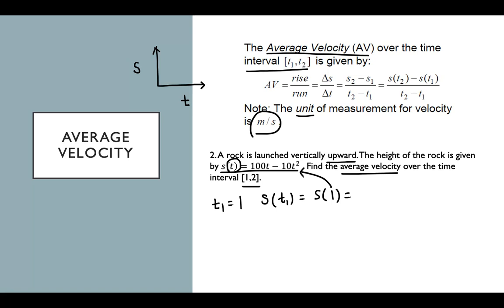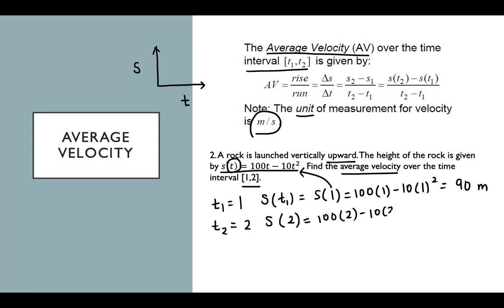I'm going to plug in 1 into the function, 100 times 1 minus 10 times 1 squared, and it will give me 90 meters. Now t2, on the other hand, is 2. So s of 2, which is the height, is equal to 100 times 2 minus 10 times 2 squared. You simplify that and you will get 160 meters.